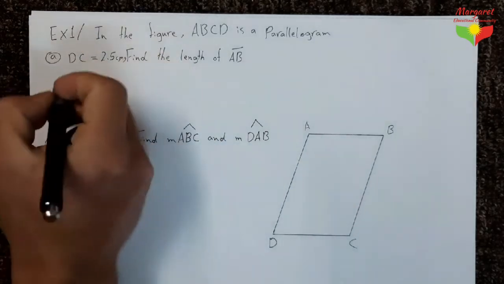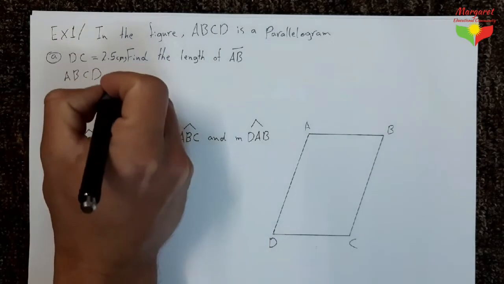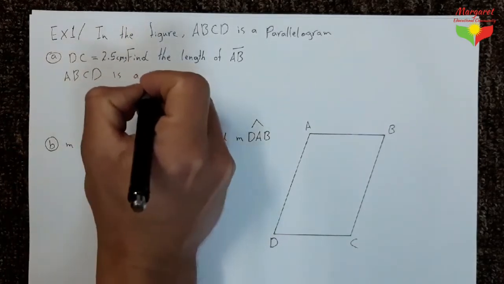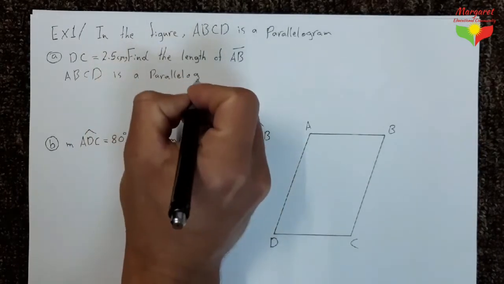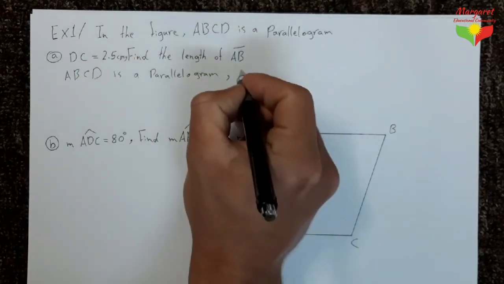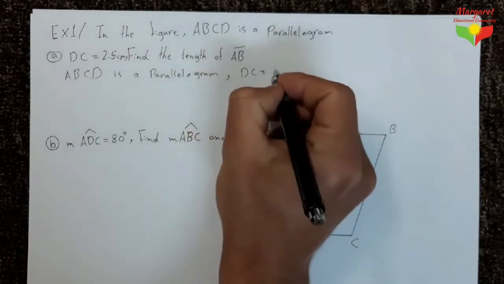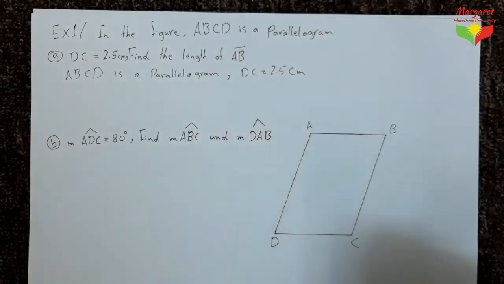Given that ABCD is a parallelogram and DC equal to 2.5 centimeters.